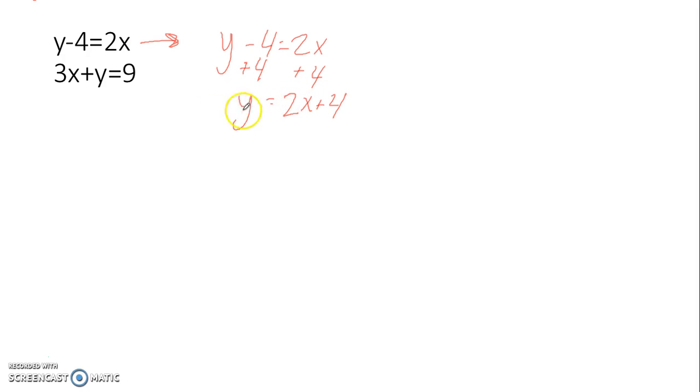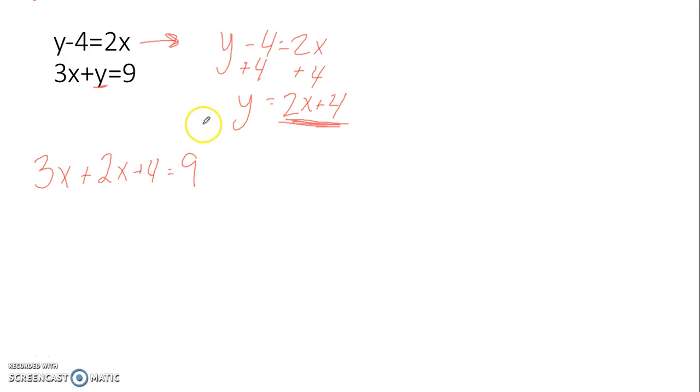Okay, so this time it's going to look a little bit different. We are going to substitute this expression in for y in the other equation. So we have 3x plus, okay, here's the part that's a little bit different than last time. We're substituting this in, so instead of y, we're going to be writing 2x plus 4, and then we continue with the rest of the equation.